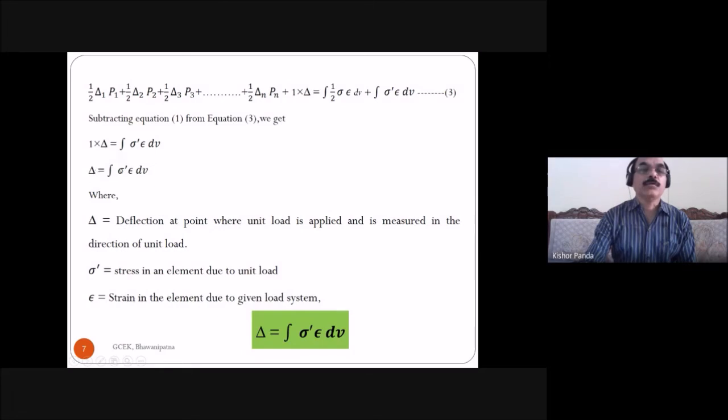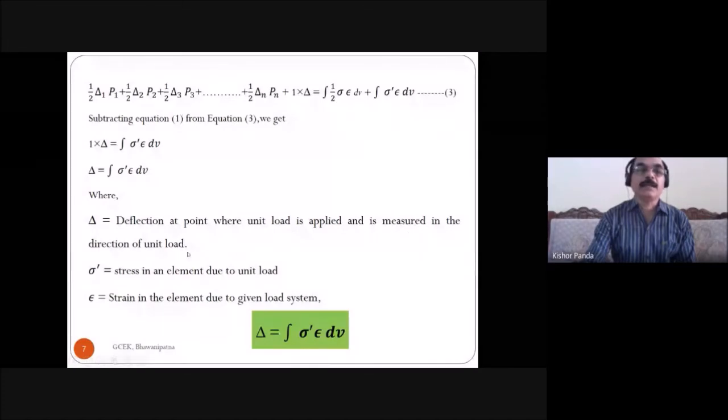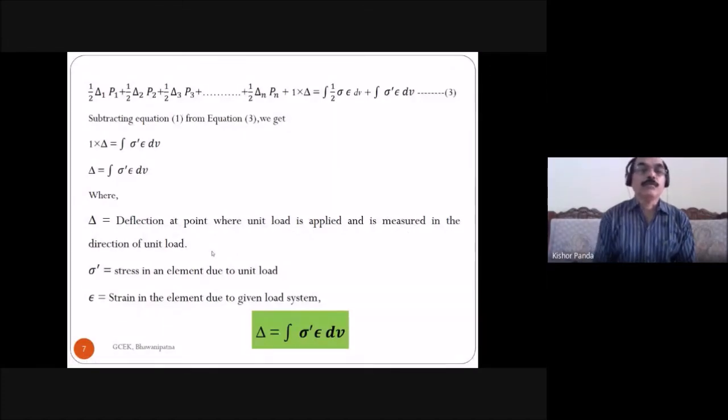Where you want to find the deflection, you have to apply the unit load at that point.